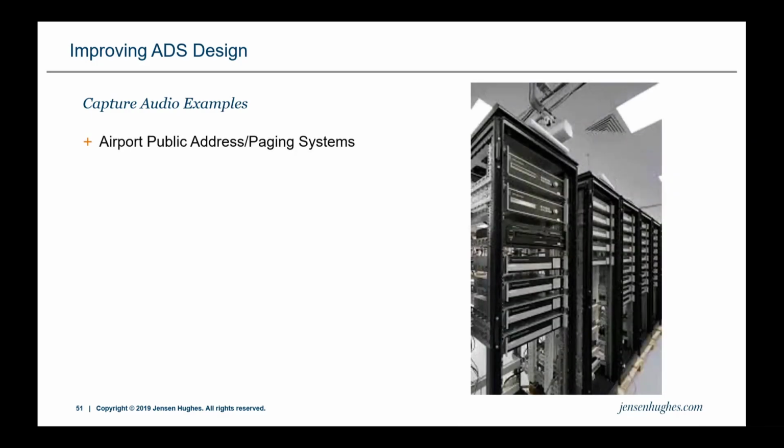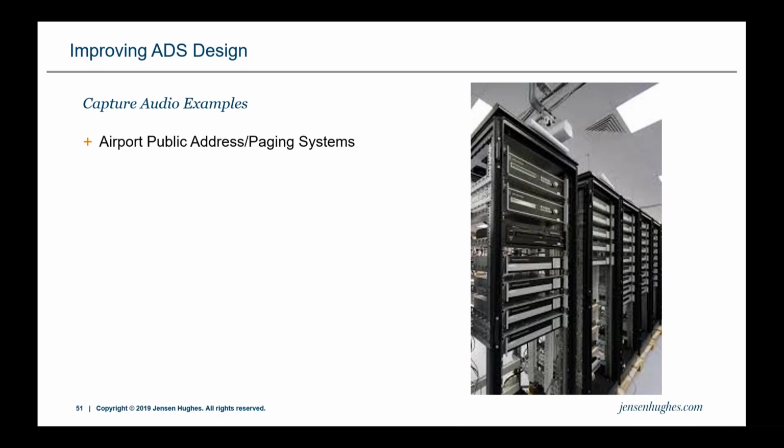Now, a couple of examples of where this comes into play. Airports. Airport paging and public address systems are very reliable. This is a picture from an amplifier rack in a major airport. Each of these amplifiers can be 100, 200, 300, even 500 watts of power.